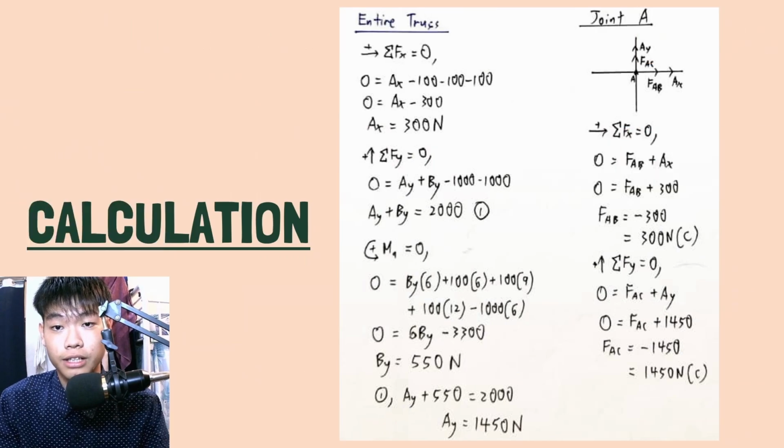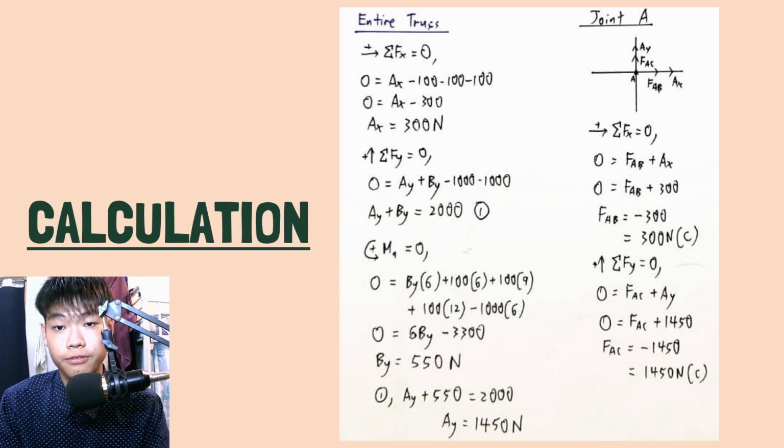Now, in order to calculate the force in the members of the entire truss, we need to find the support reactions at the truss first. By doing that, we will find the summation of forces in the X component equals 0 for the entire truss, and we will find that AX is equal to 300 Newton.